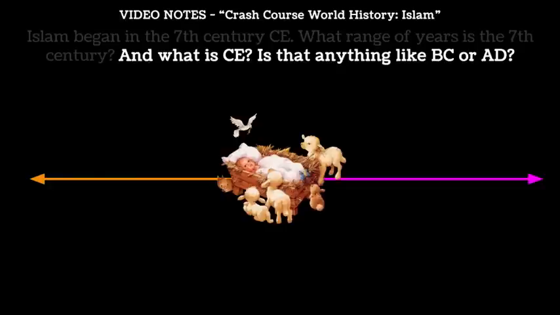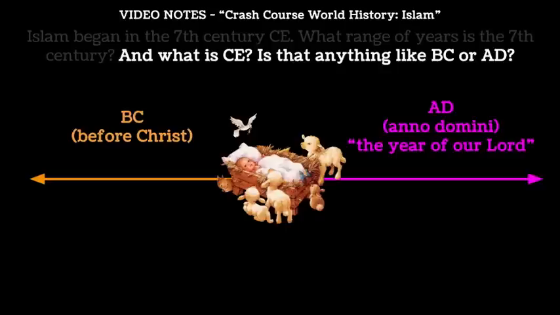There's the birth of Jesus right there in the middle of the number line. So BC, or before Christ, is before. It's almost like the negative side if this were a number line in math. And then AD, or Anno Domini, the year of our Lord, is everything after. So historians for a long time used BC and AD to describe years before and after.